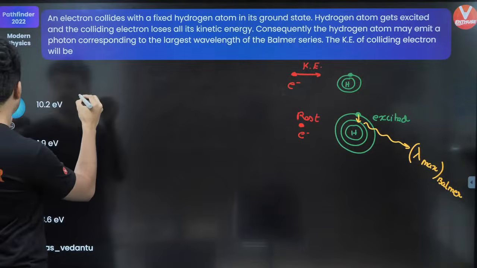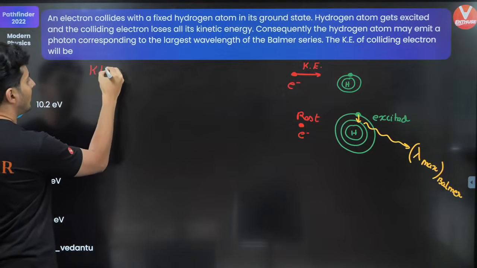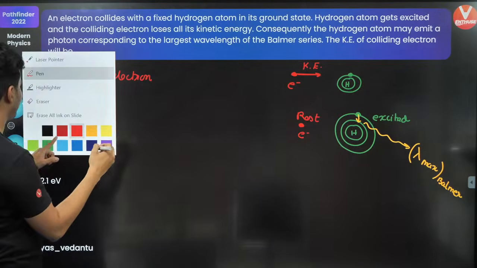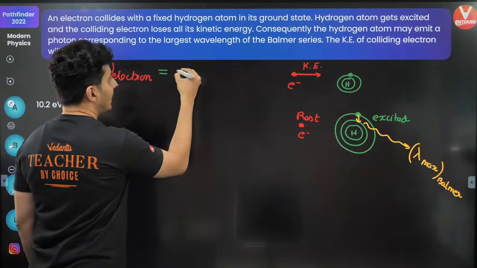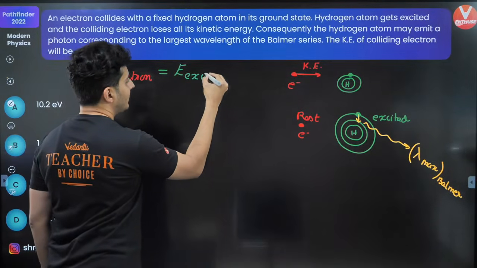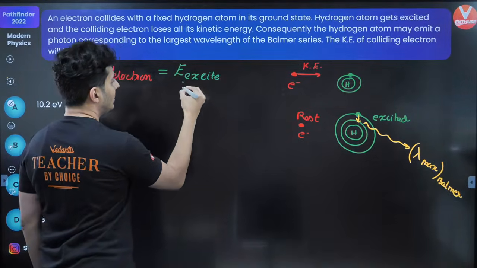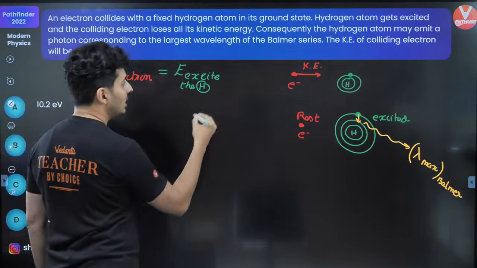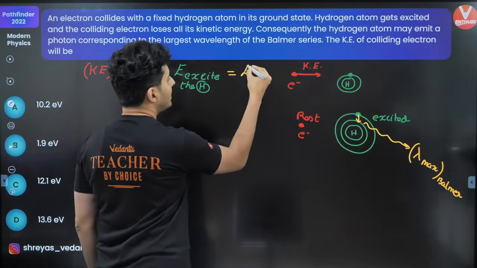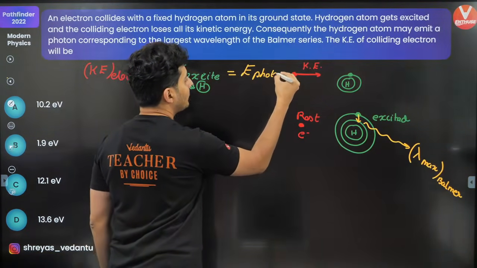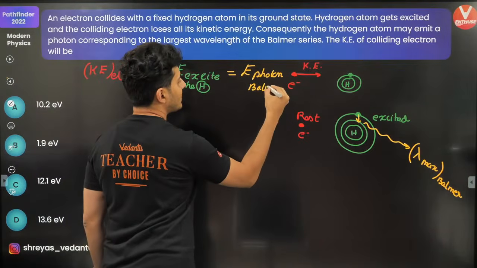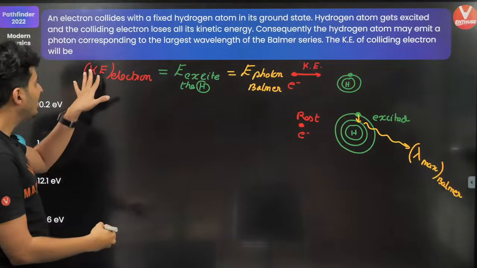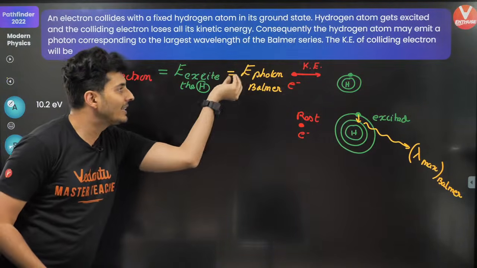Hence, can I say that the kinetic energy of the electron goes into energy to excite the hydrogen atom, and that same energy goes into the energy of the photon of the Balmer series, right? That is the same energy of the photon of the Balmer series. So we need to find this out. That means we just need to find this part out.